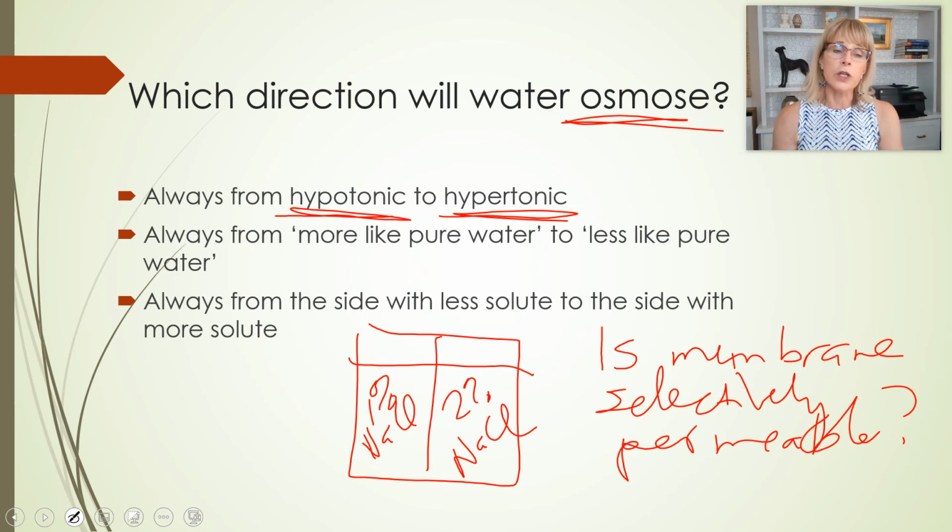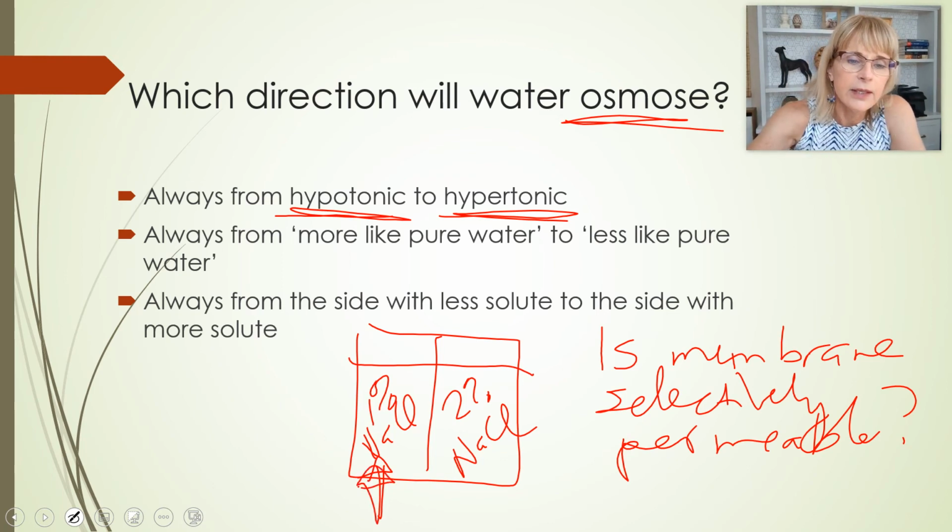After that, you say to yourself, okay, I know water always goes from hypo to hyper. Which side is hypo? Which side is more like pure water? This one is, okay? Which side has less solute in it? This side. Just pick one way to learn hyper and hypo, stick with it. And water always goes from there to there.